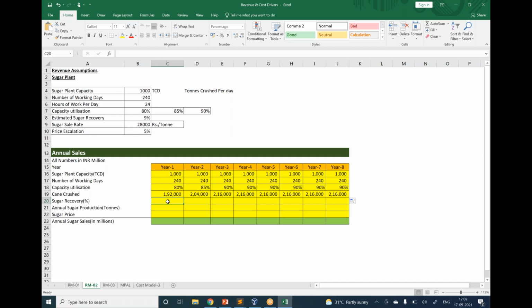In that, 9% is what you get as sugar from it, into 9%. That is 9% only, no? So annual sugar production per ton will be cane crushed into 9%.